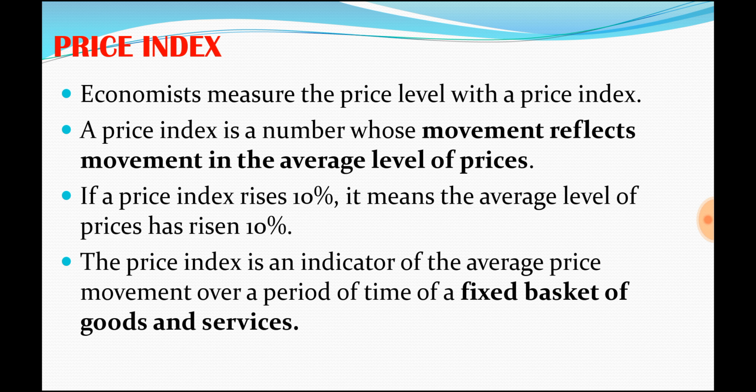It means the average price movement over a period of time in a fixed basket of goods and services. Although you may find it a vague idea now, I'll tell you in detail what a price index is and what a fixed basket of commodities is.